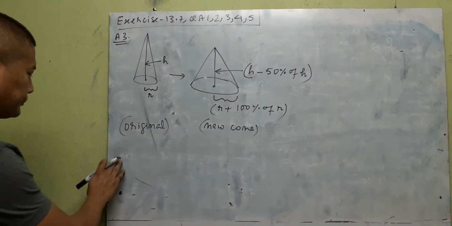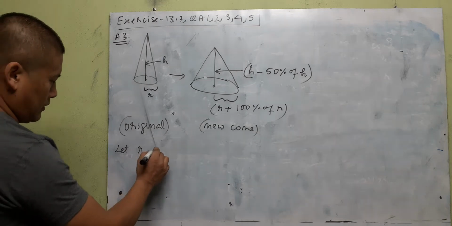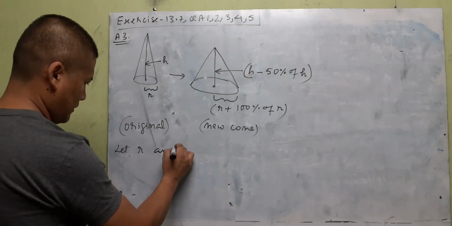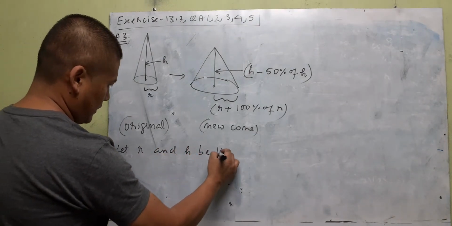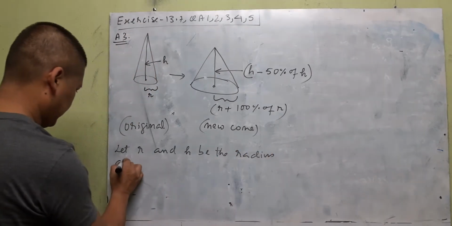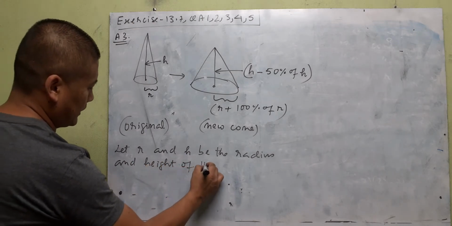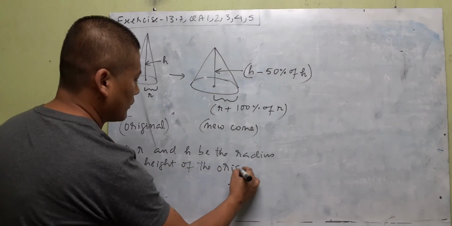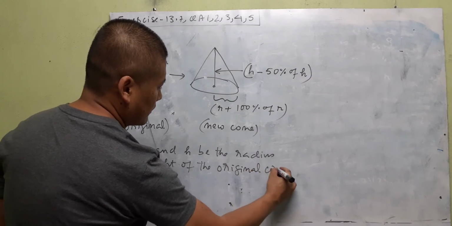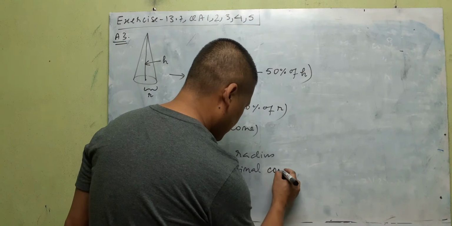Okay, so here let r and h be the radius and height of the original cone. Let us settle that first.